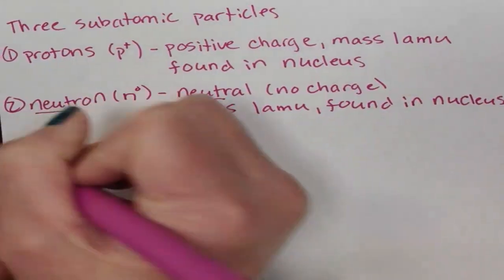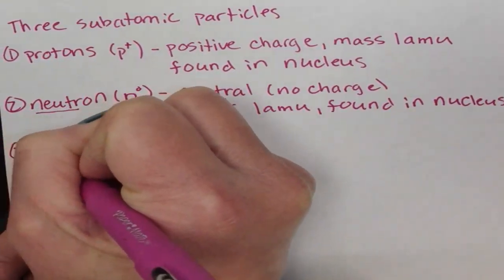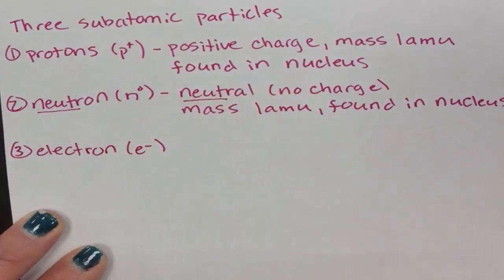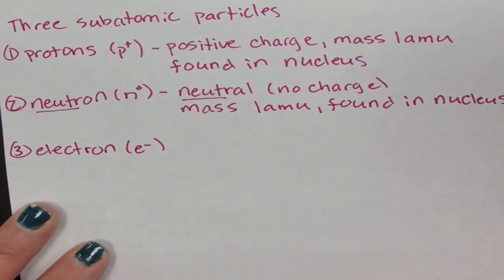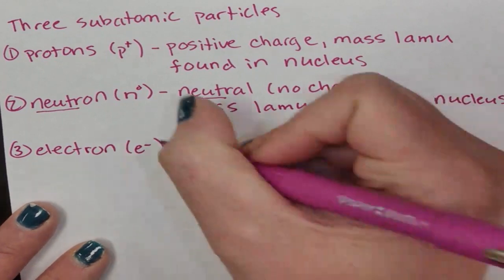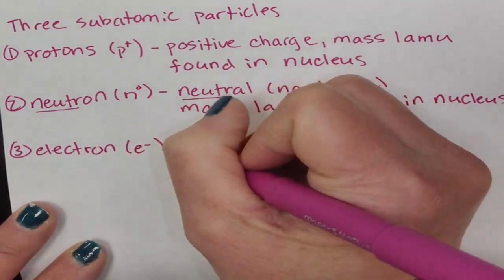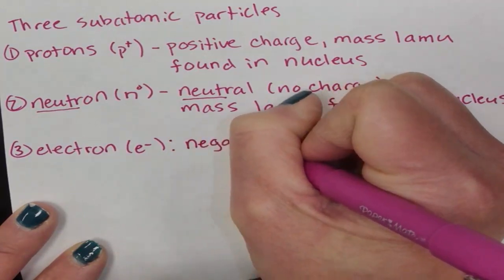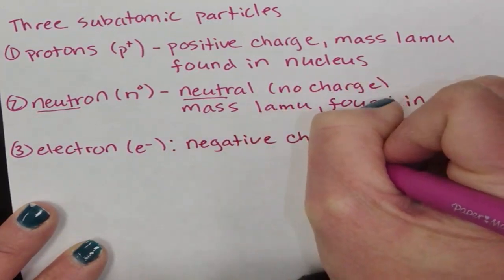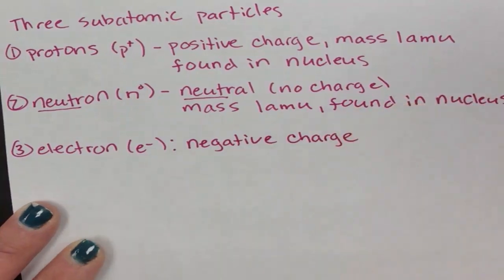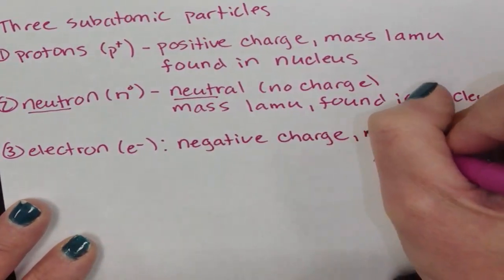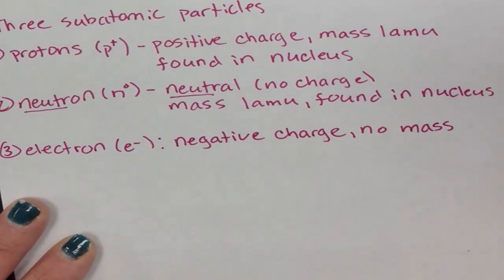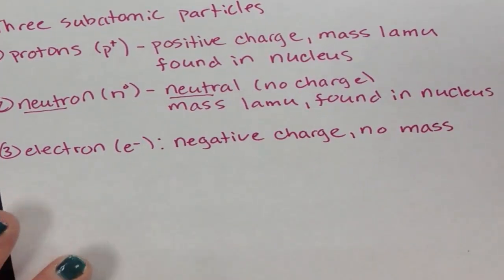The third subatomic particle is the electron. And we are going to abbreviate electrons with an E minus. Electrons have a negative charge. They have no mass. Now, again, this isn't 100% accurate when I say no mass.